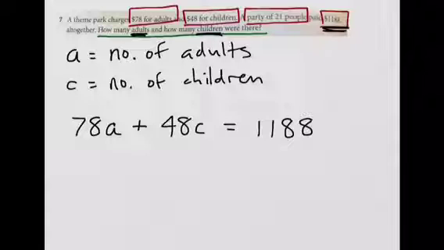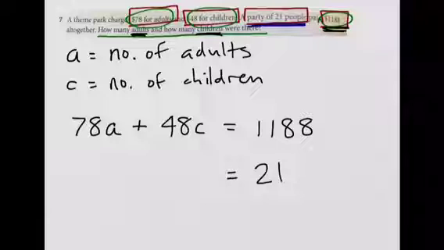So we've actually used three pieces of information. We've still got a missing piece we haven't used, this party of 21 people, and we'll use that in our next equation. There were 21 people altogether. Where did that come from?